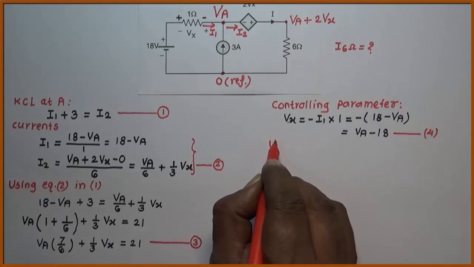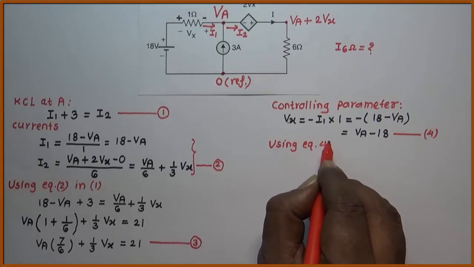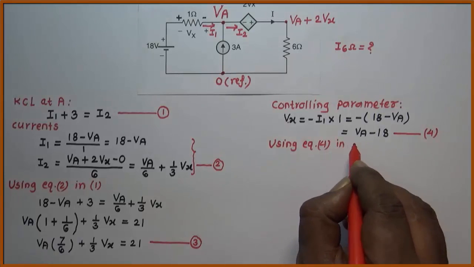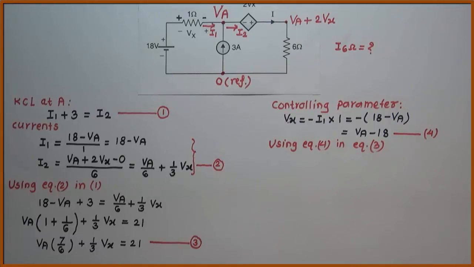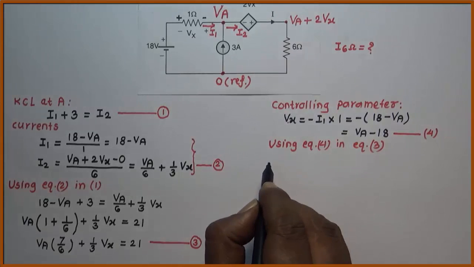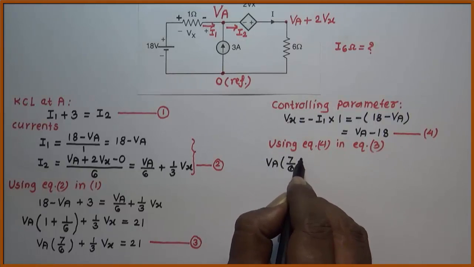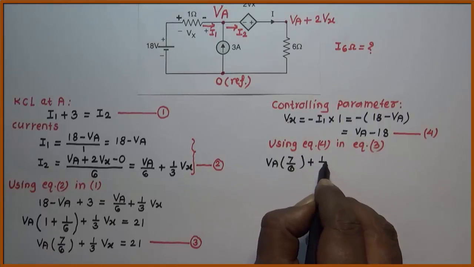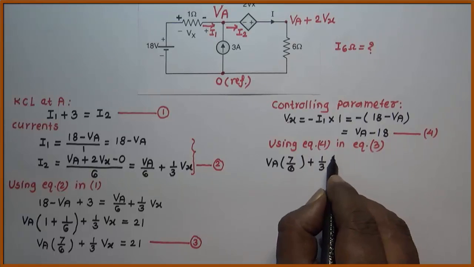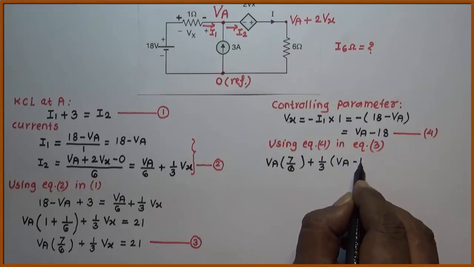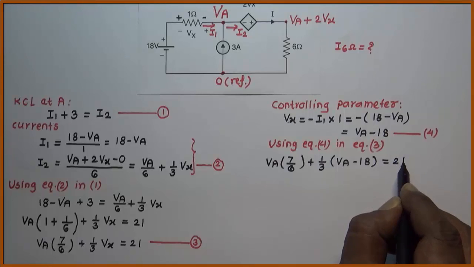So, using equation 4 in equation 3, we have Va into 7 by 6 plus 1/3 Vx, which is nothing but Va minus 18, is equal to 21.